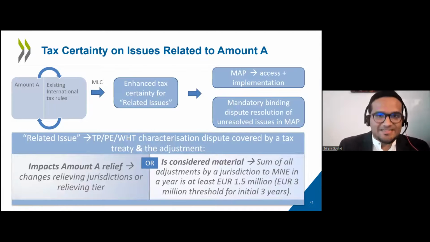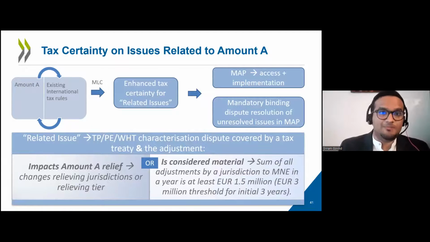So the idea here would be, would including the full adjustment, which we're talking about in transfer pricing, for example, in the jurisdictional profit referred to as the elimination tax base of an M&E with respect to the adjusting jurisdiction in the year of adjustment result in a change in the relieving jurisdictions or the relief tier? So that's the question. If the answer is yes, then the adjustment is considered to have an impact on Amount A.